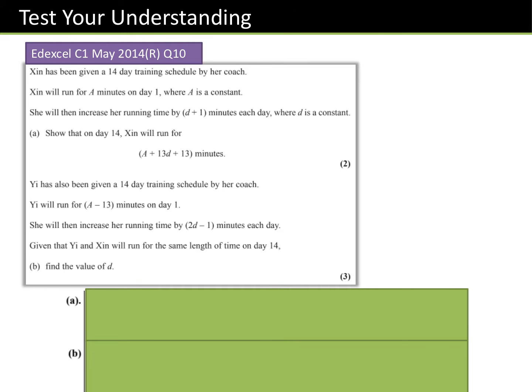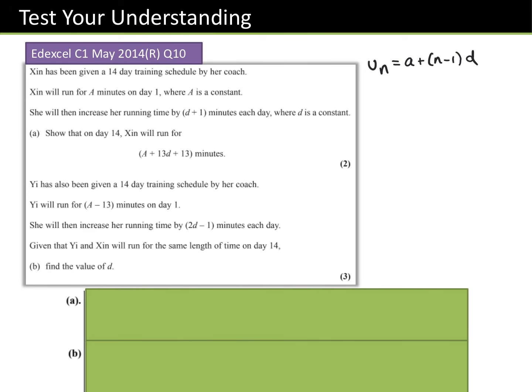Because she's increasing by d plus 1, which is a constant, we know straight away this is arithmetic. Day 14 is asking for a specific term, so we need to use the formula u_n equals a plus n minus 1 d. Now what is her d?